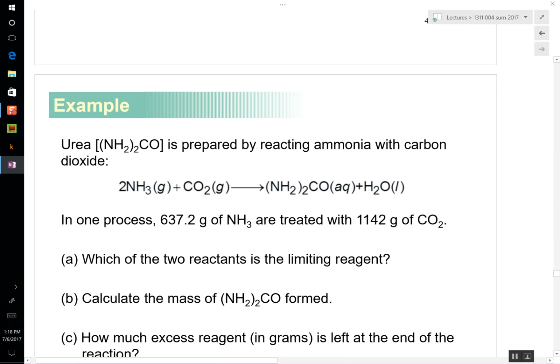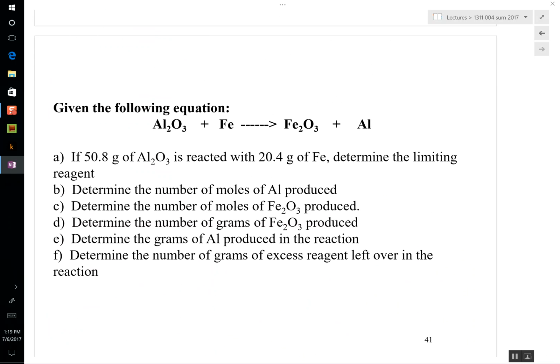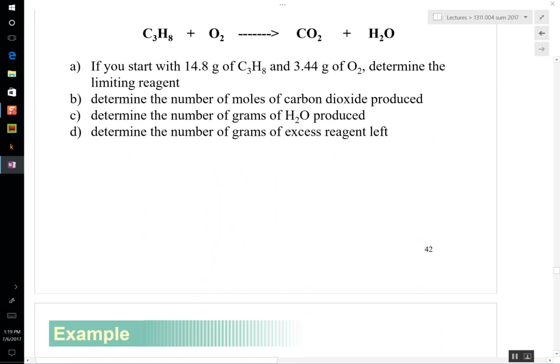Do you have any of the answers to those examples that are in here? I don't know. I can publish the answers eventually. No, I don't think so. Some of them do work it out, don't they? No?